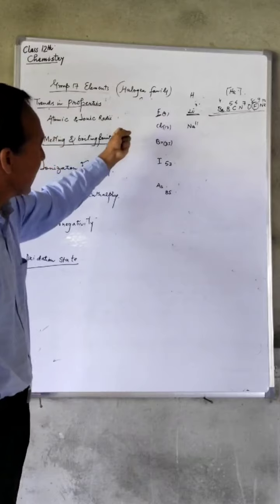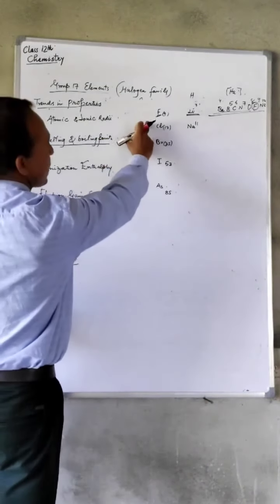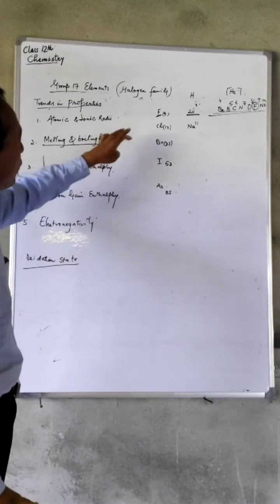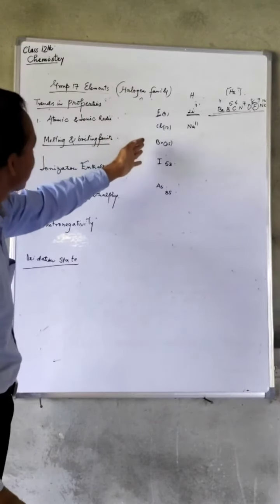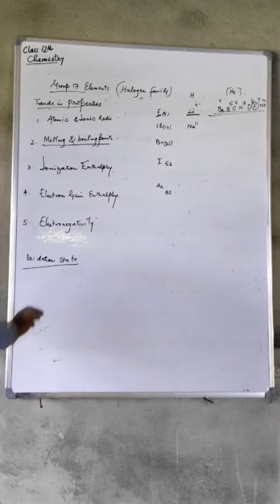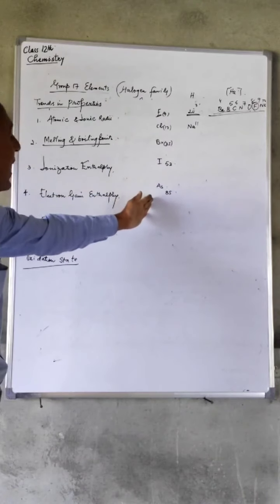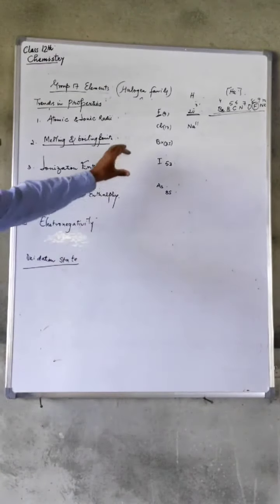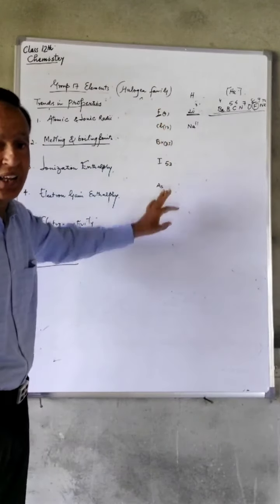So they accept the electron instead of losing the electron. This is why their ionization enthalpy is very high, because we have to give more energy to remove the electron from their outermost shell. But this ionization enthalpy decreases as we move down the group because the atomic size, or the atomic radius, increases.